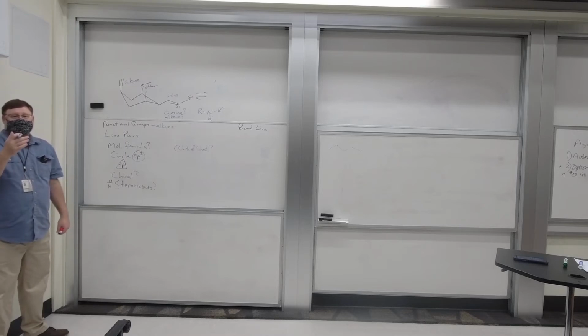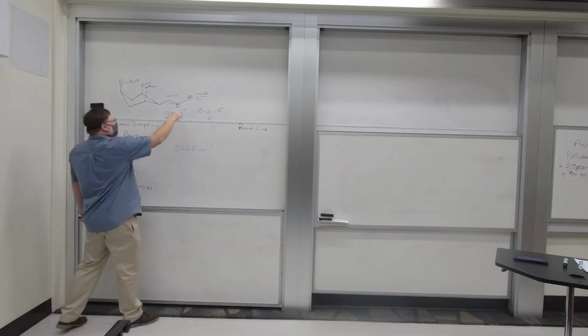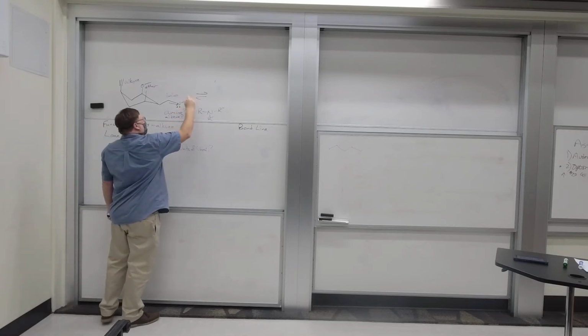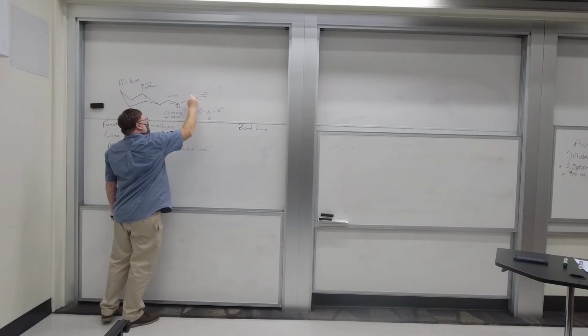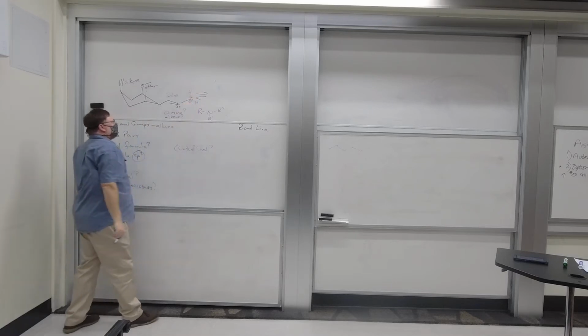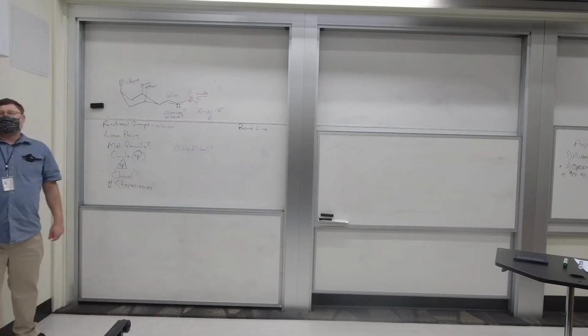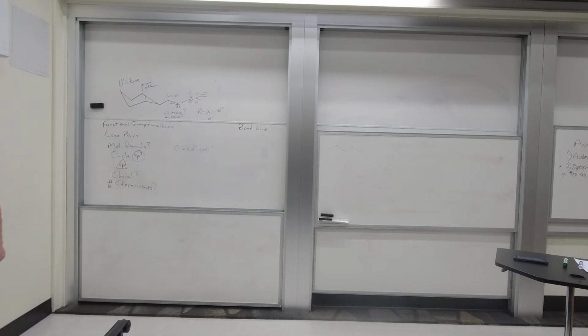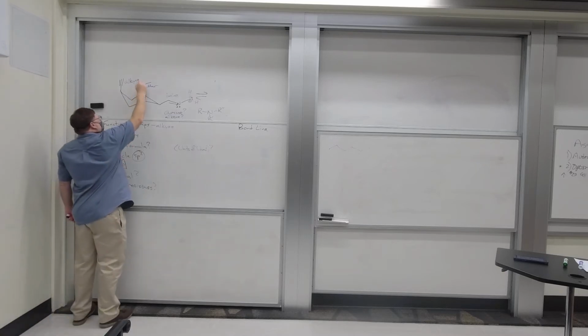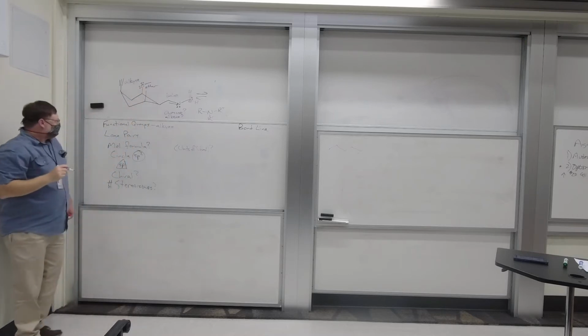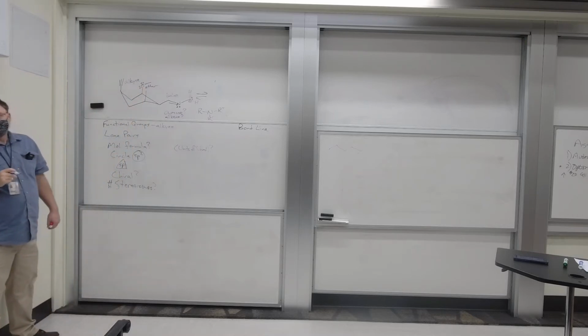This one on the negative carbon. The only way to have a negative carbon is to have a carbon with 3 bonds and a lone pair. All right? 2 on the oxygen. Any others? No. All right. So that's it.